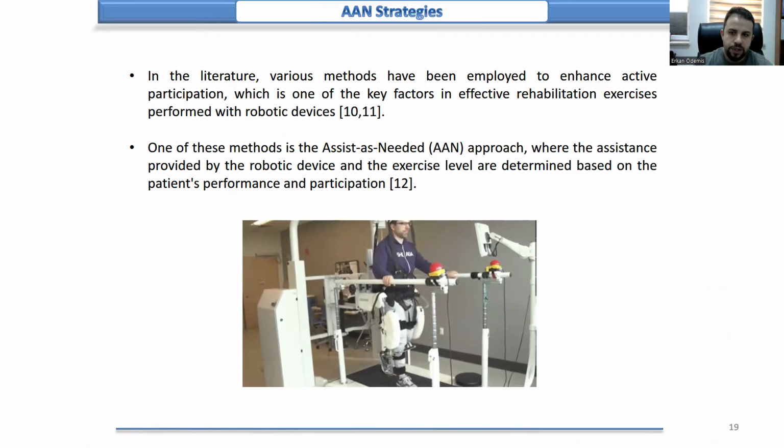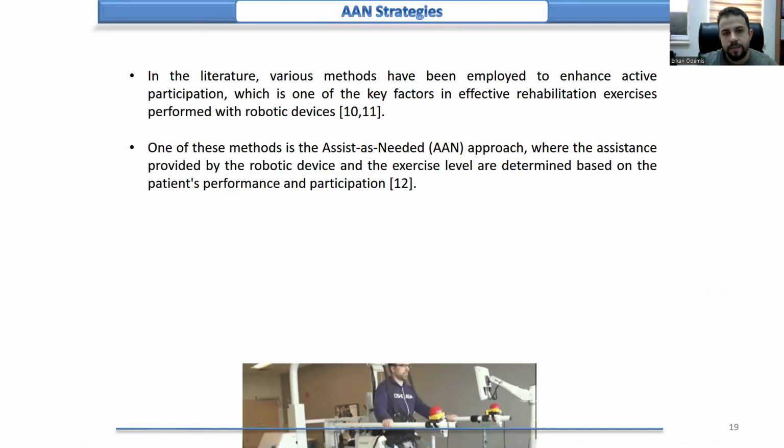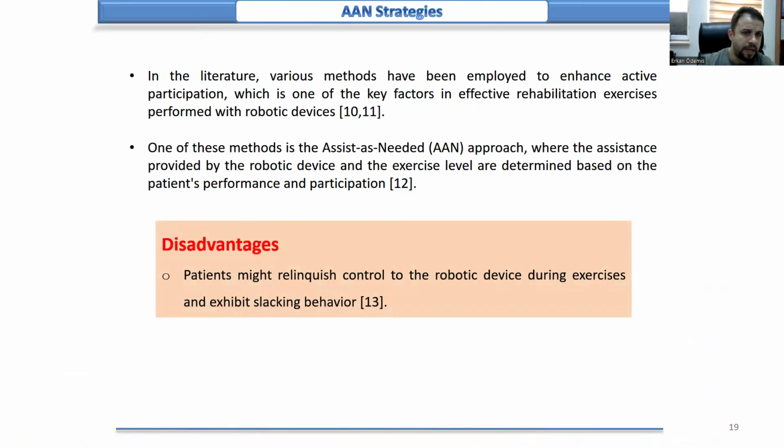This provides the patient with as much assistance as necessary, enabling them to participate more actively in therapy exercises and aiming to prevent passive training, as also mentioned before, that does not produce much functional output. However, although the assist-as-needed strategy has many advantages, it also has some disadvantages: patients might relinquish control to the robotic device during exercises and exhibit slacking behavior.